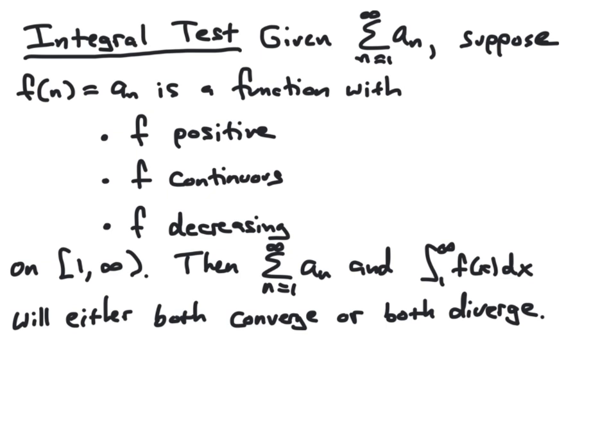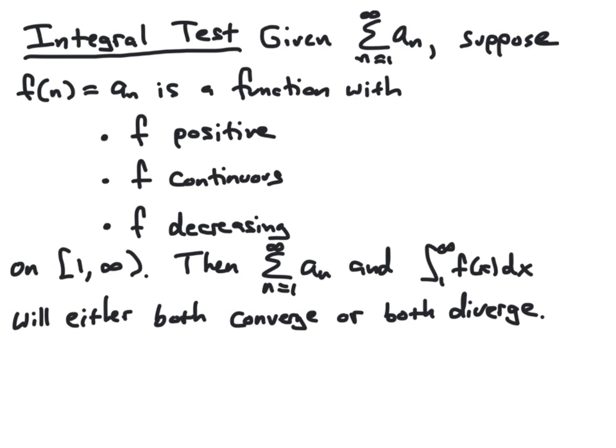The integral test says that under these three bulleted conditions, that f is positive, continuous, and decreasing on the interval from 1 to infinity, then the series n equal 1 to infinity of a sub n and the improper integral from 1 to infinity of f of x dx will have the exact same behavior.